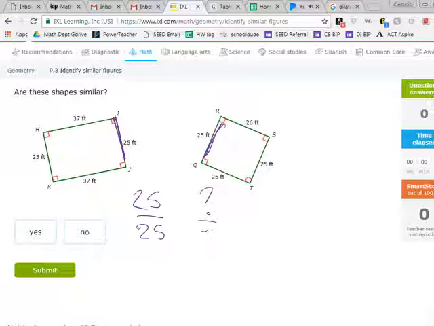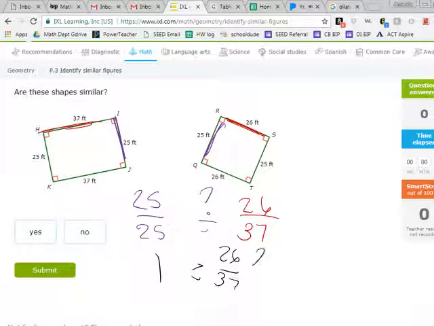Let's go red. 26 here and 37. Is that equal to 26 over 37? And 25 over 25, that's going to give me 1. Is 1 equal to 26 over 37? Is that fraction true? No, it is not. So our answer is going to be no.